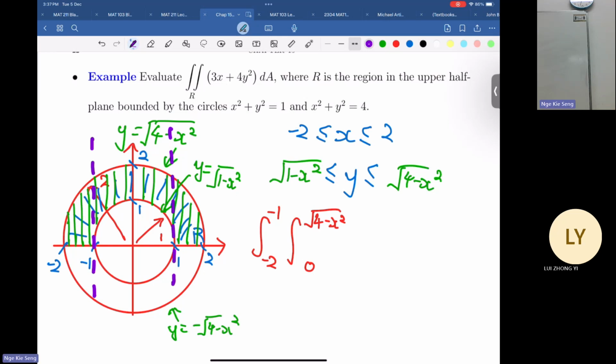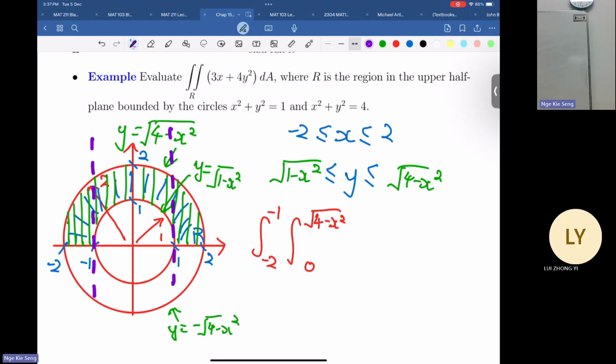Between -1 and 1, it is bounded above by a larger circle and bounded below by a smaller circle. Similarly for this part here, you are bounded by x equals 0 and then the larger circle. Does it make sense? You can see how to break the region.